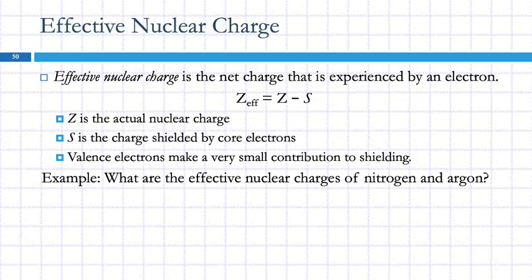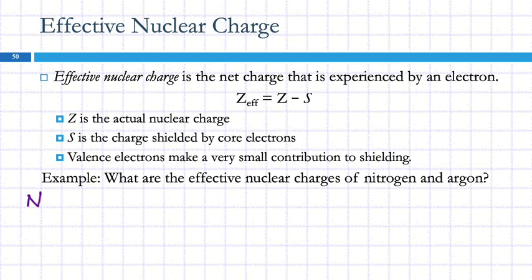So we talk about effective nuclear charge, and that's the actual nuclear charge minus the core electrons. So those are the ones that are getting in the way. Valence electrons make a very small contribution to shielding, and so we're just going to ignore them because we can. So let's look at nitrogen and argon and see what the effective nuclear charges are for those.